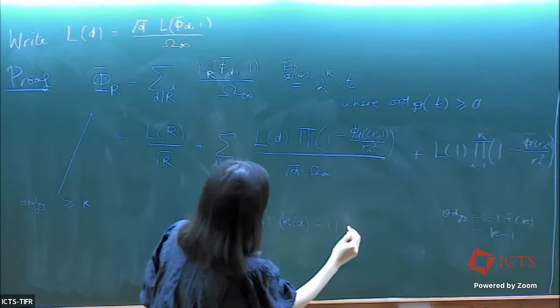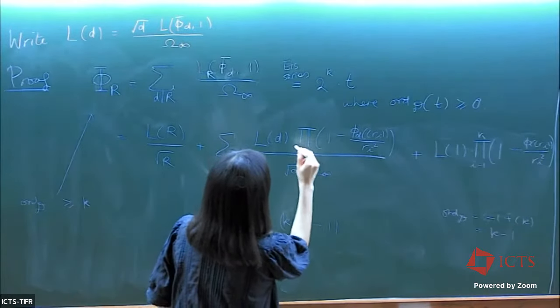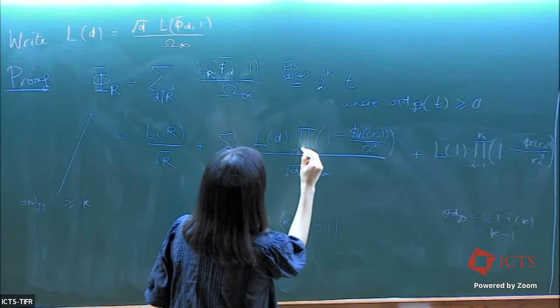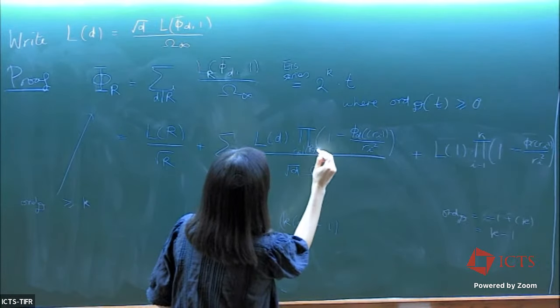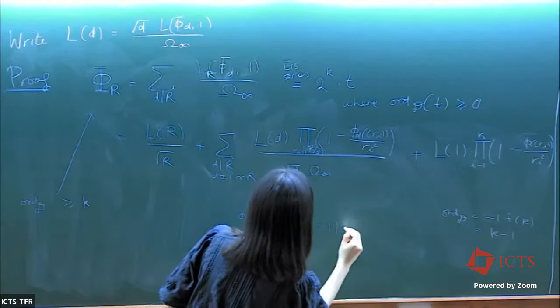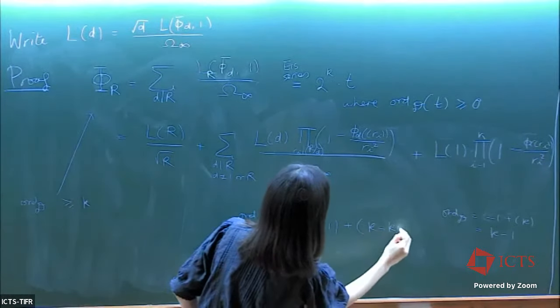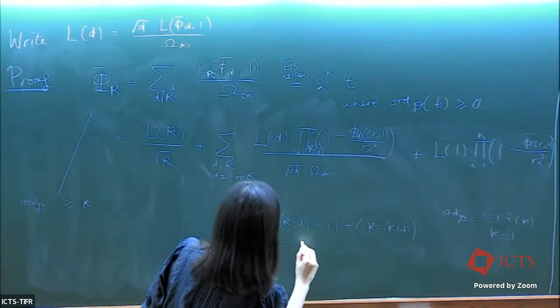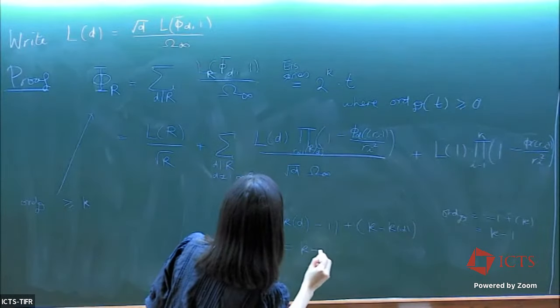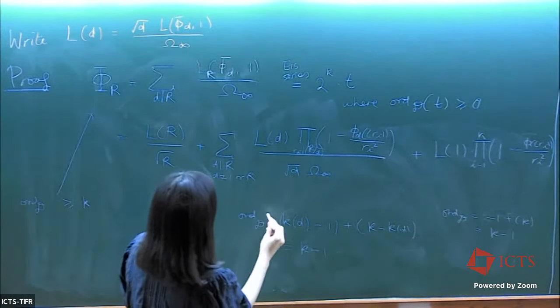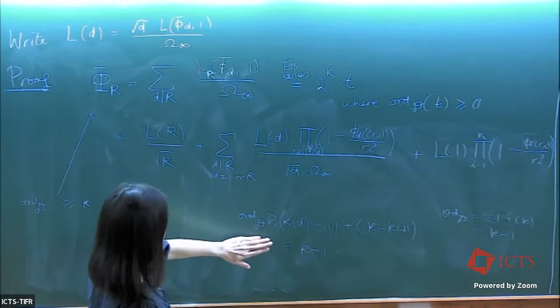And from the Euler factors, these are R_i dividing R divided by D, you get plus k minus k_D. So this is k - 1, but you're summing over it. So we can just say that this is at least k - 1.